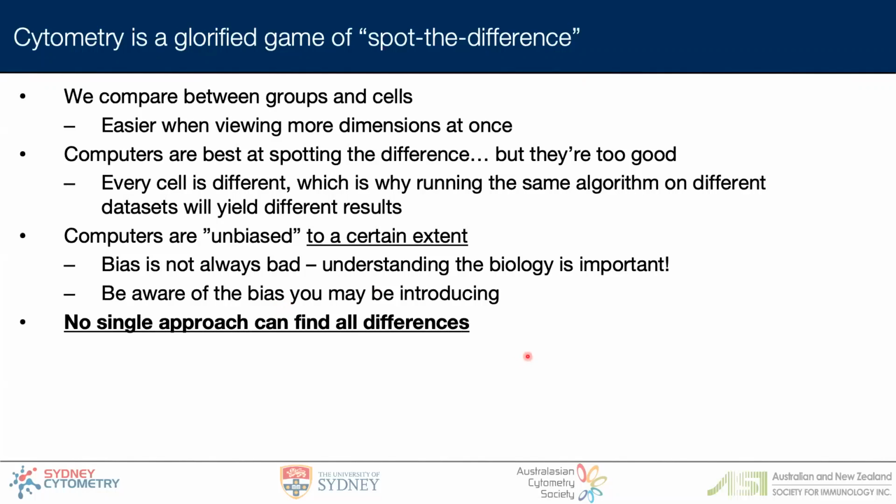And this is where we recommend that we use these approaches to complement our manual gating or any of your other conventional analytical methods. By no means is one better than the other, but if you really want to make the most of it, you use them both together to complement each other.